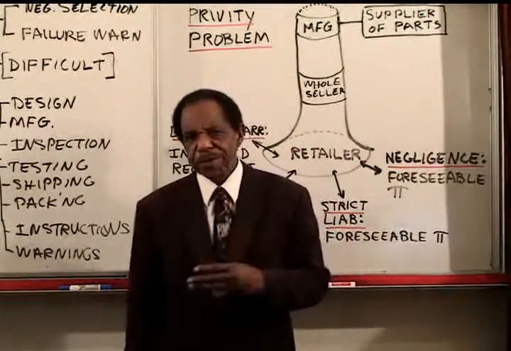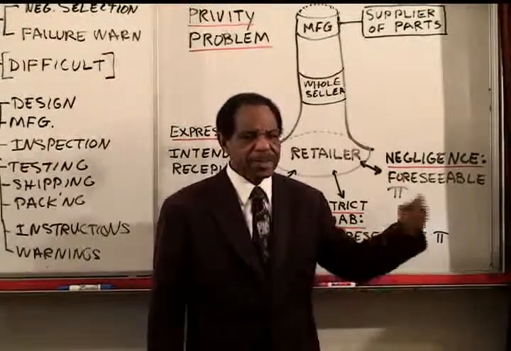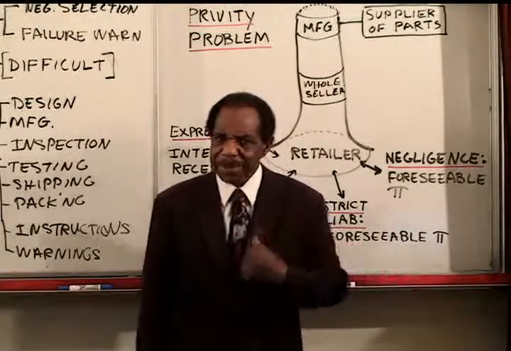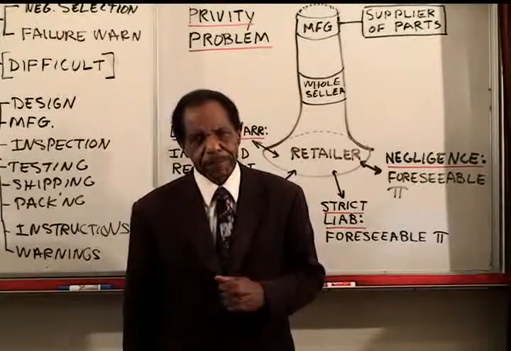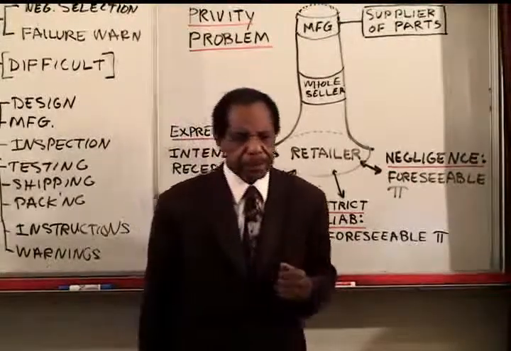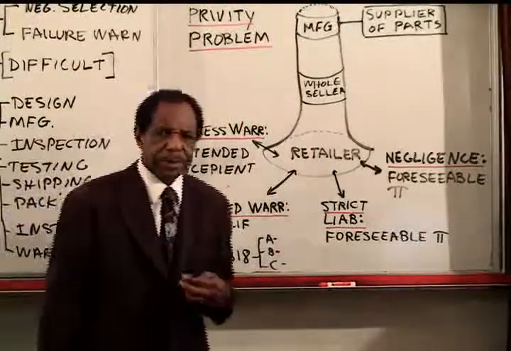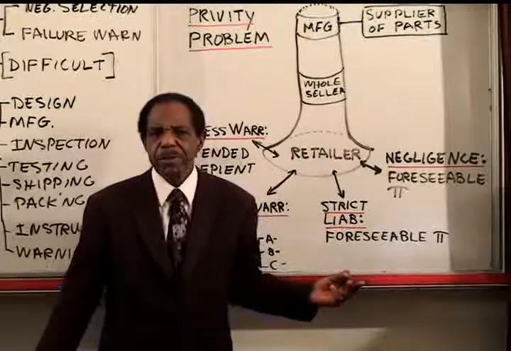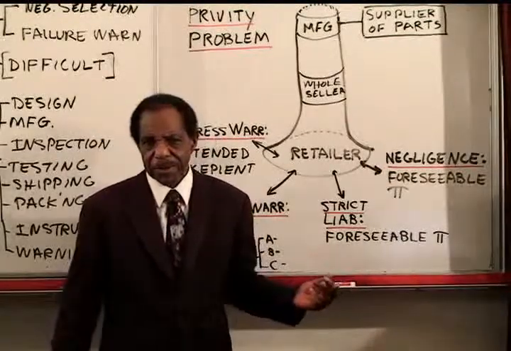When I sue for negligence, besides the damage to my body, maybe damage to some property that was caused by the car, I might sue to try to collect the damages to the car itself. And thirdly, I might sue to try to collect my economic loss. In other words, I can't use the car. I use it in my business, and I can't use it, and I lost profits because of that.